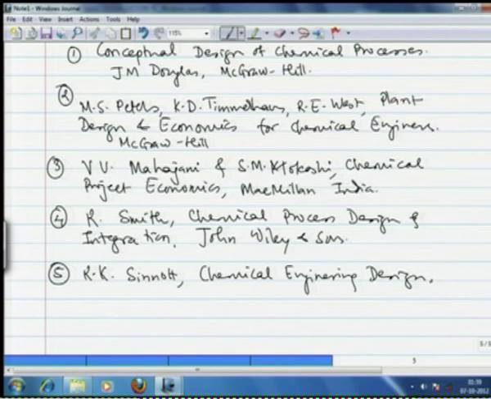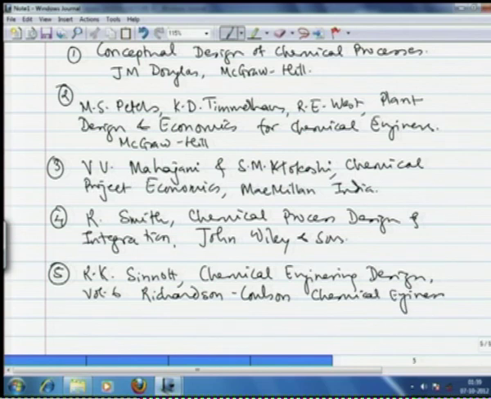This is volume 6 of the Richardson and Coulson Chemical Engineering series. And the publisher of this is Butterworth-Heinemann, which is a part of Elsevier.